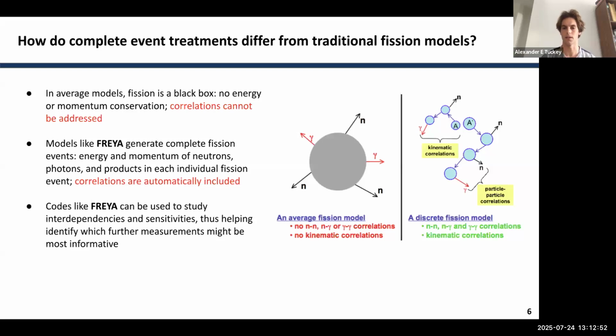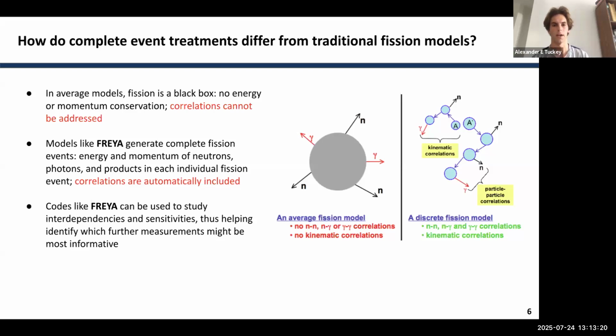There's really no information on the particle correlations or the kinematic correlations between the fragments or the particles themselves. Additionally, energy and momentum aren't conserved in these models. Ultimately, these correlations throughout the fission process can't be addressed. That's a large disadvantage.